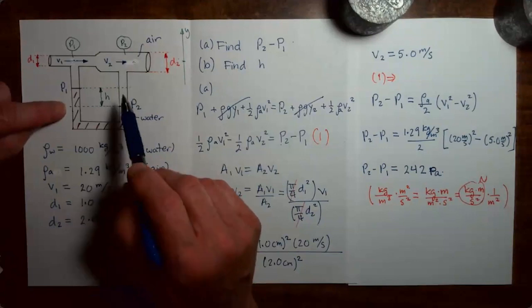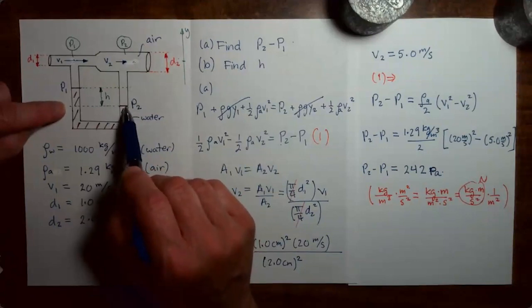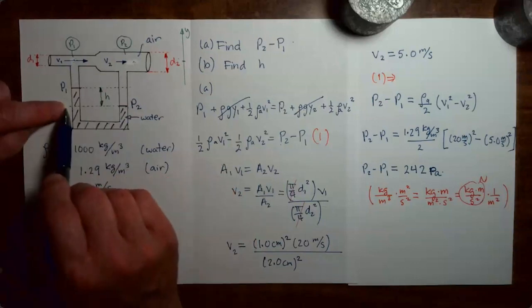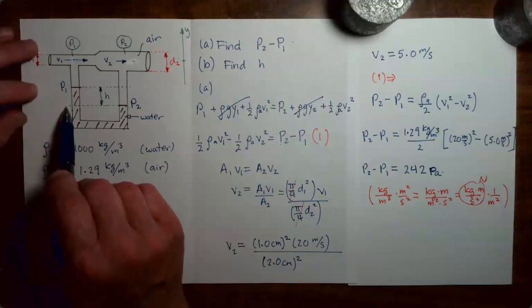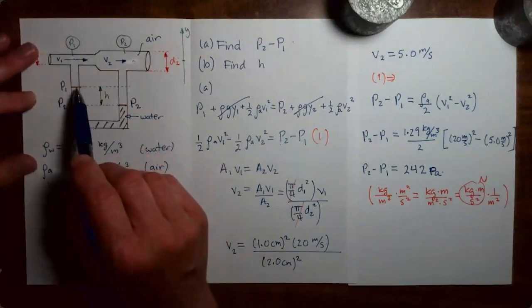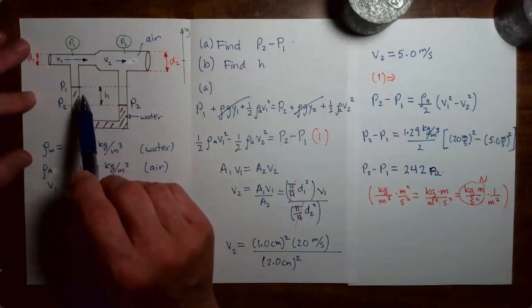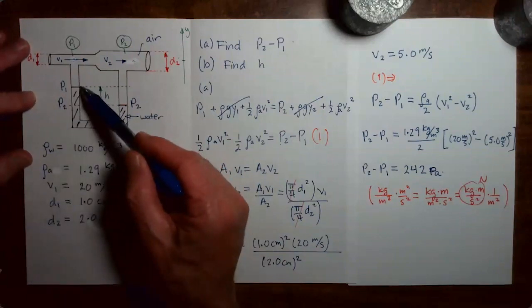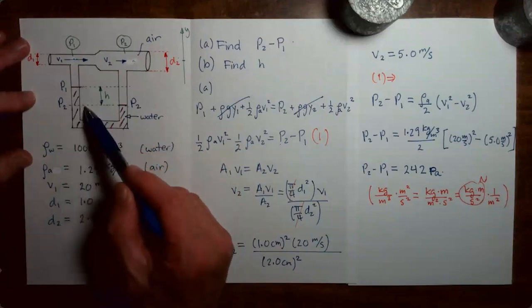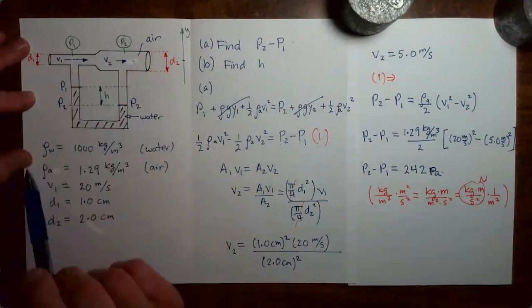The idea here is that if the pressure at the liquid surface on the right side is P2, then the pressure at the same depth on the other side would also be P2. So anyways, if we're just looking at the left side now, we have pressure P1 at the liquid surface, and then at a depth H beneath that surface, the pressure is P2.